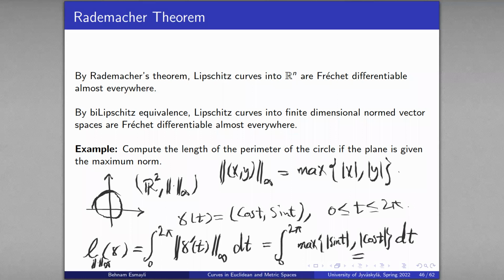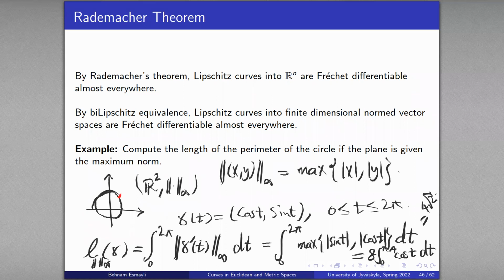And then by symmetry, you can see that this is 8 times the integral from 0 to pi over 4, where always cosine of t will be the bigger of the two, and also it's positive. And this becomes 4 times root 2.